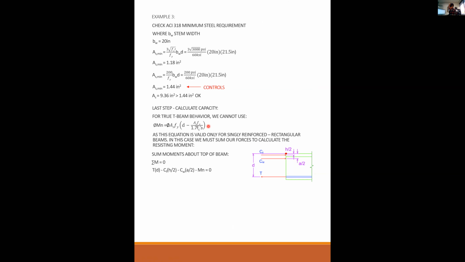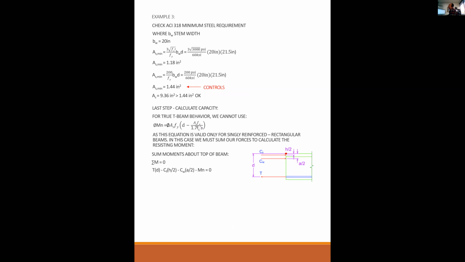If you found where that centroid was, you would plug that in right here, and then you would sum your moments about the centroid of all of the compression. And yes, that would give you the same answer. Okay. So it is usable. Because for this one, I kind of lost for the sum of the moments.